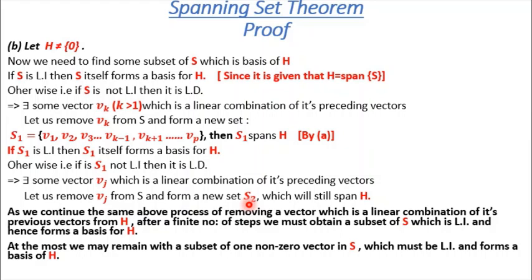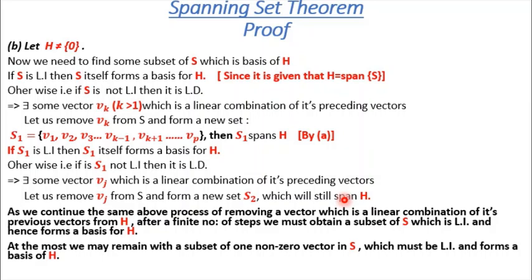Again, we removed a vector which is a linear combination of some other vectors, hence this S2 will still span H. So from the spanning set, we are going on removing those vectors which are linear combinations of preceding vectors or other vectors.